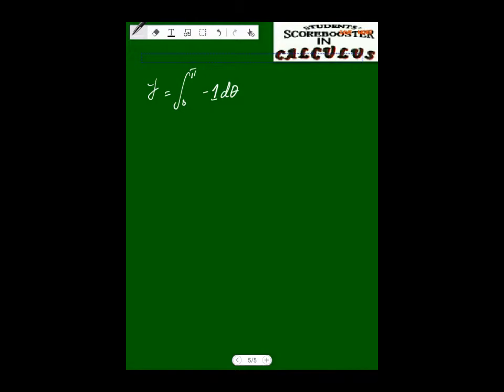I have to write this minus 1 so that you could understand. I could have written it as minus d theta, thinking that you will know that what is here is 1. At any rate, this is okay.